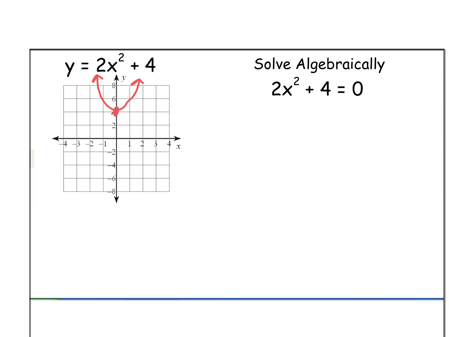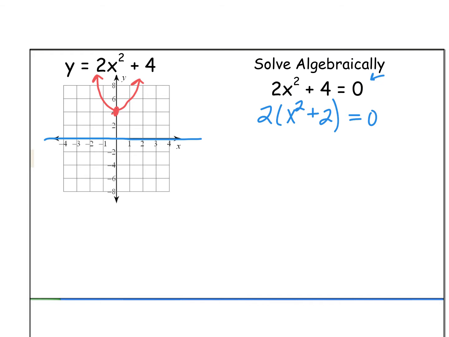But the idea is to solve the equation 2x squared plus 4 equals 0. If you recall, we looked for the x-intercepts, or the zeros or the roots. This graph doesn't have any, right? It never goes through the x-axis. It never has a point where the y-coordinate is 0. So when we try to solve this, let's say we try to factor it, because that's the method we've been using. We could factor a 2 out, and then we would have x squared plus 2 equals 0.